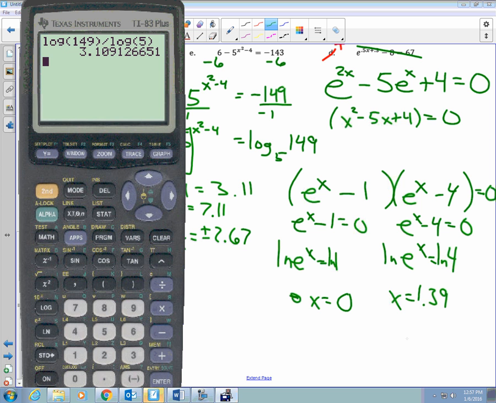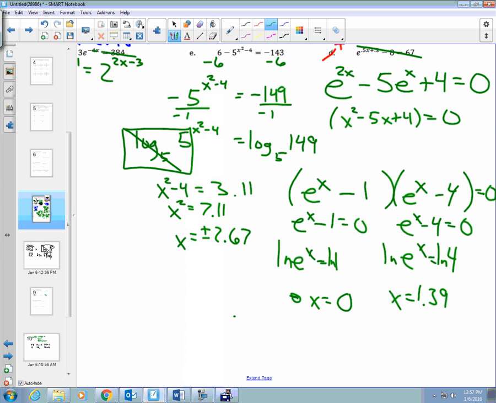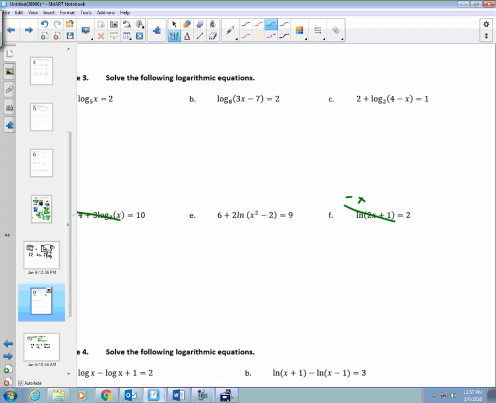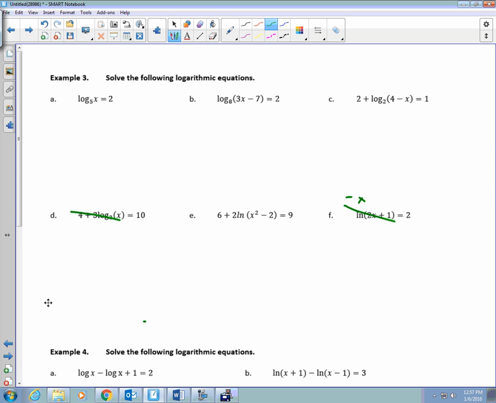Let's switch it up. We were just solving exponentials. Now let's solve logarithmic equations. I want to solve for the x. So I want to get rid of the log base 5.